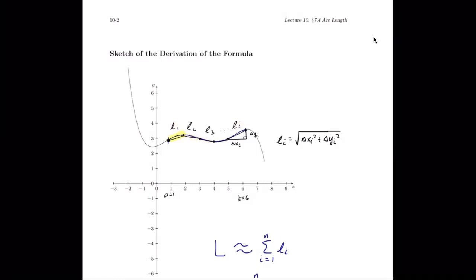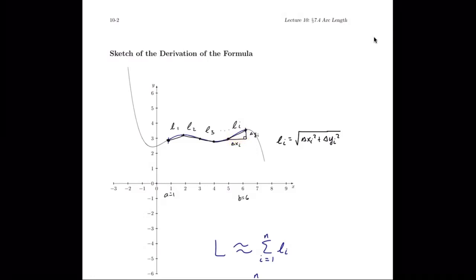And if we wanted to find the length of Li, the ith line segment here, generally, then we consider the fact that there's a right triangle formed by the change in x and the change in y along this curve. So as we move from this point to this point, we have some delta x, some distance that we move along the x-axis.